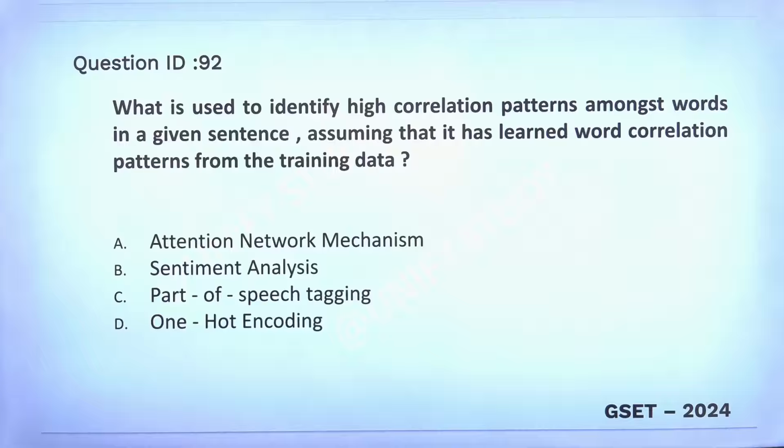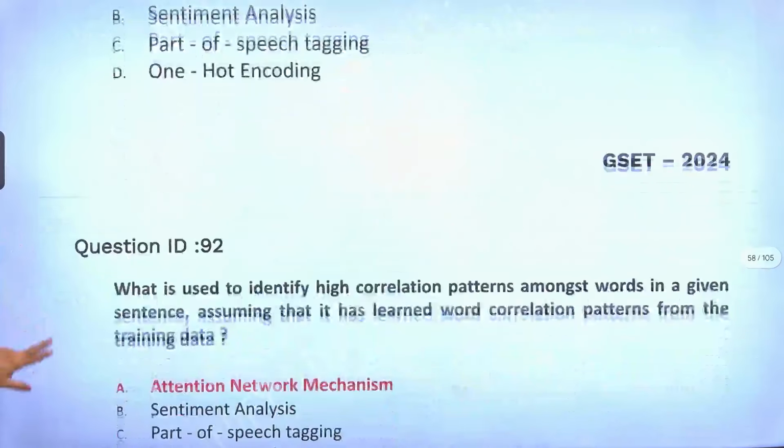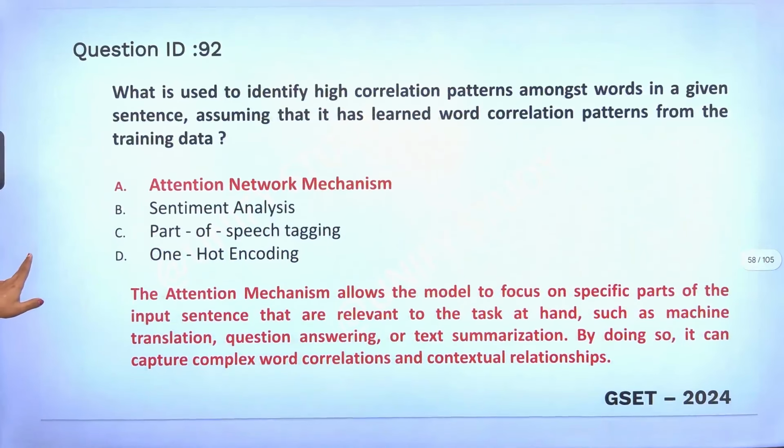What is used to identify the high correlation pattern among words in a given sentence? Assume that it has learned word correlation patterns from the training data. This is the attention network mechanism.